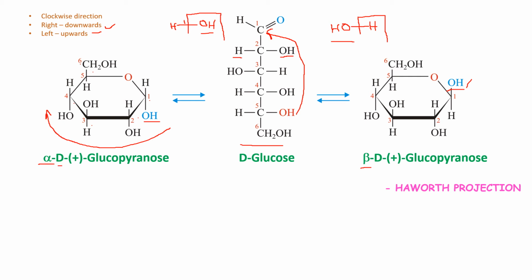Glucose is a D series compound because the OH group which is present on the lowest asymmetric carbon atom is present on the right hand side, and these get the plus configuration because both of these compounds rotate the plane polarized light in the clockwise direction, or to the right.